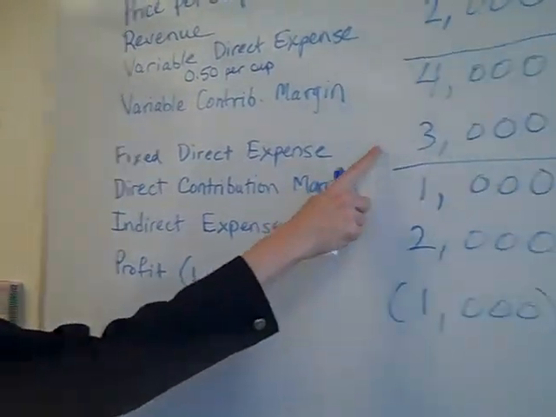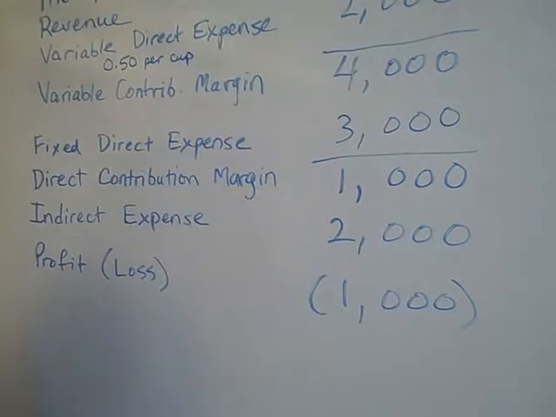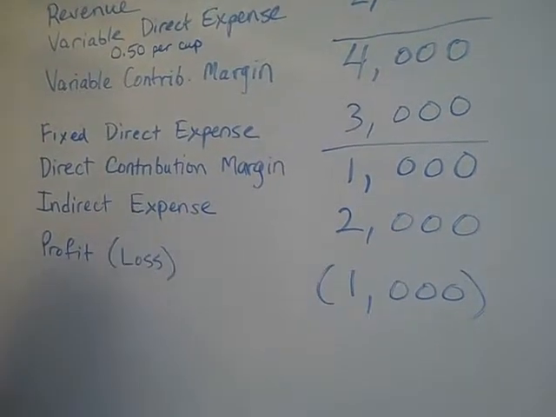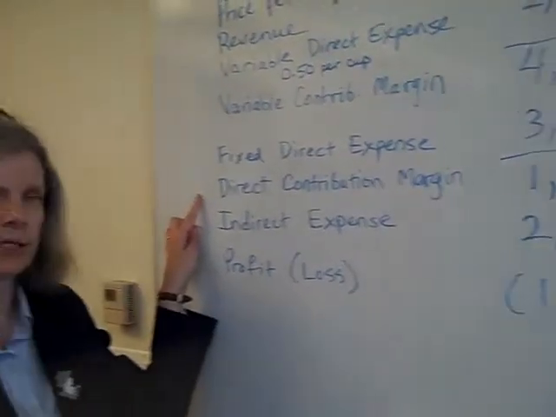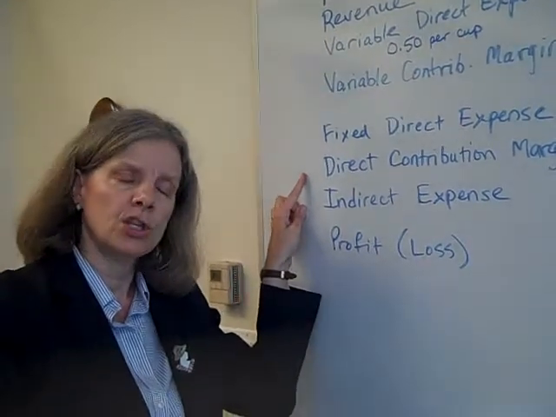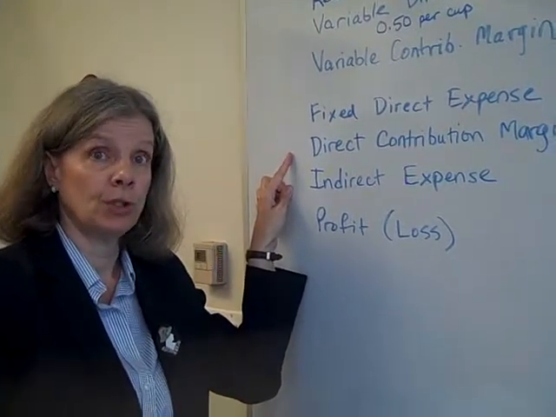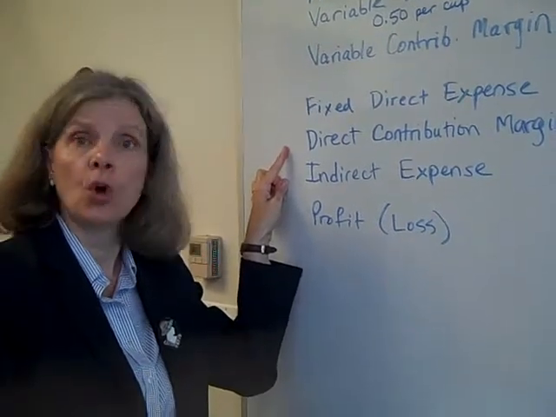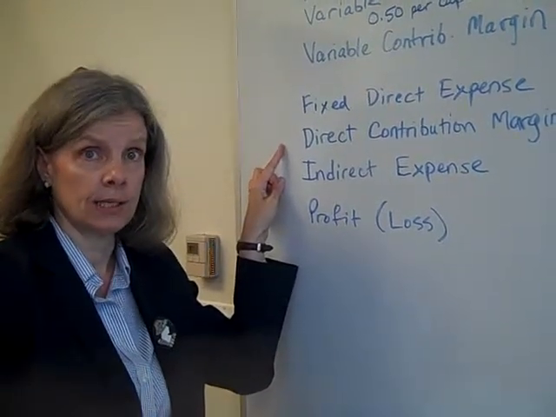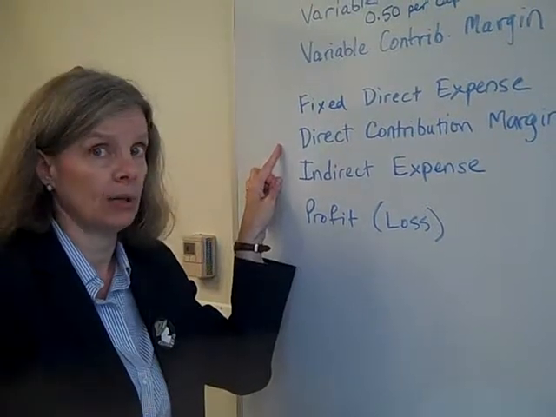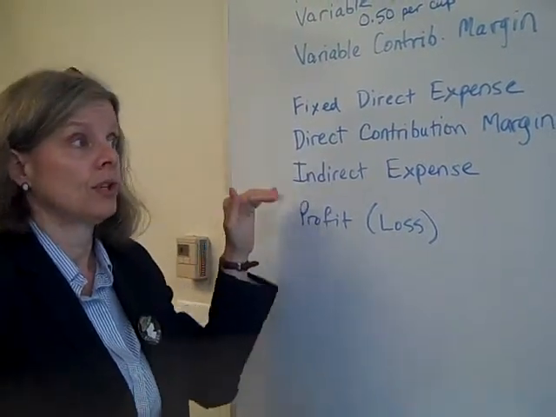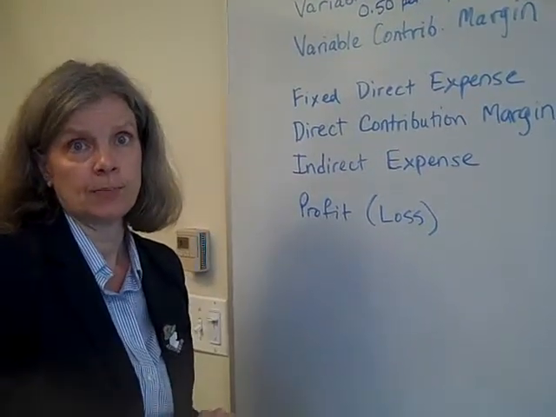And when we subtract the fixed direct expense, we get a second contribution margin, which we call the direct contribution margin. The direct contribution margin is what's left from the revenue after we've subtracted all of our direct expenses, both fixed and variable. And it's what's left to contribute to our indirect expenses.